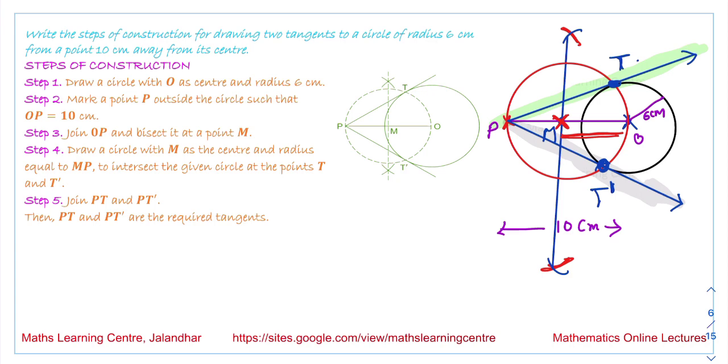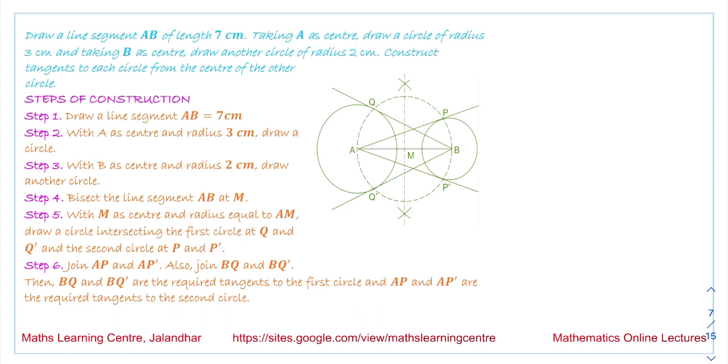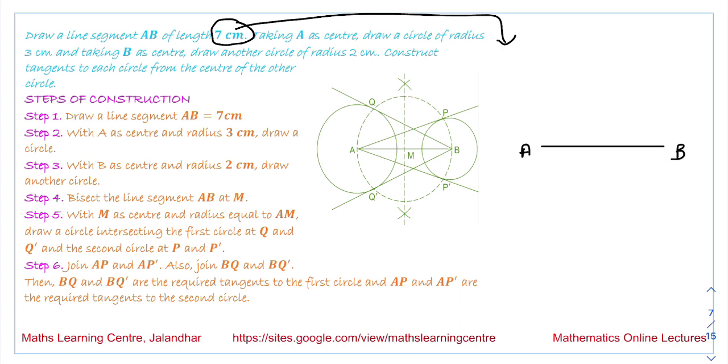Next is draw a line segment AB of length 7 centimeter. This is the line AB. The length of this line is 7 centimeters. Taking A as a center, draw a circle of radius 3 centimeter.